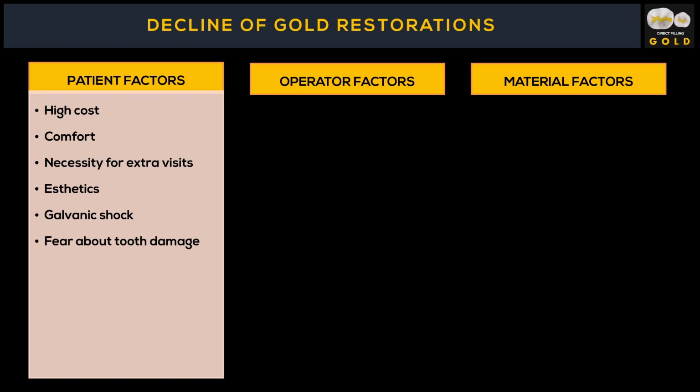So most patients may not like doing a direct filling gold restoration. It might need an extra visit in case time-consuming procedures are done or a complicated cavity preparation is needed, and it is not a tooth-colored restorative material. The problem of galvanic shock exists, and there is a fear among the patients about tooth or periodontal ligament damage because of the condensation force applied while doing direct filling gold restorations.